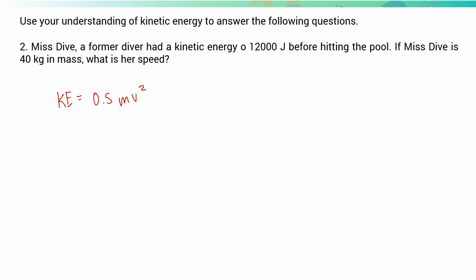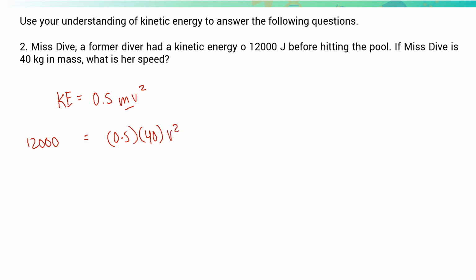They are the same. So this will now be a matter of algebraic processes. KE would be 12,000. Let's write it down here, no unit. Then 0.5 multiplied by the mass, which is 40 kilograms.